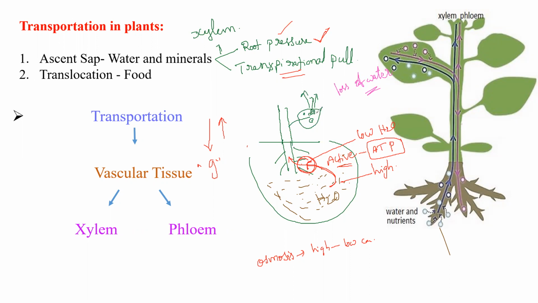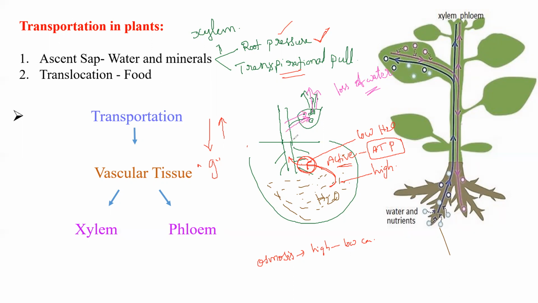Here, the transpiration causes a suctional pull towards the leaf or towards the pores. These pores evaporate water. This evaporation, this transpiration, causes a suctional pull of the water.